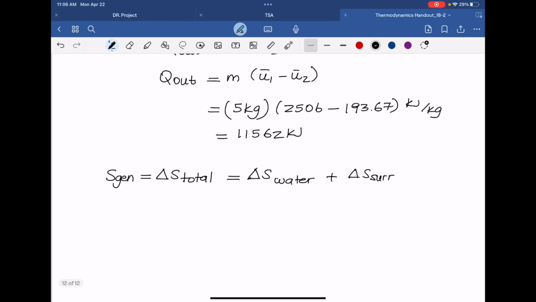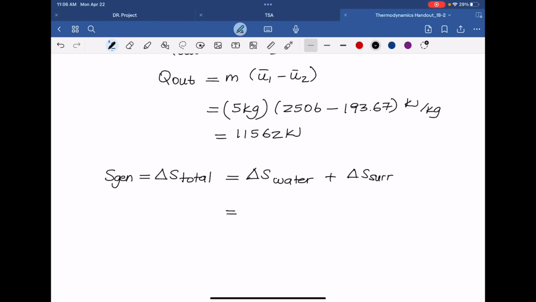So for the water, we calculated it to be a negative change because we know that entropy is getting out with the heat, and plus Q over T. I made a mistake in the units.